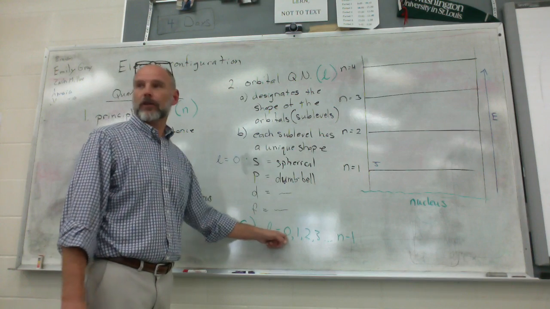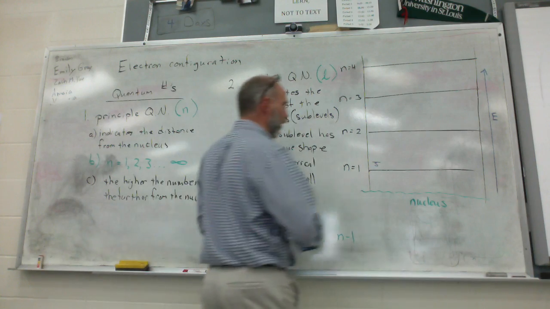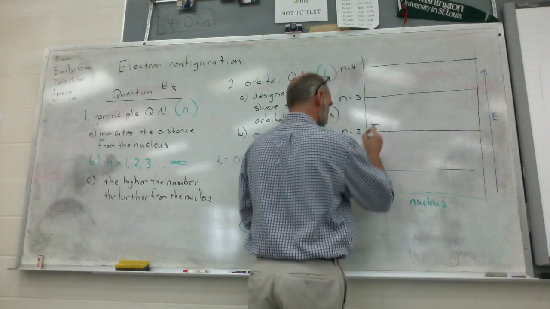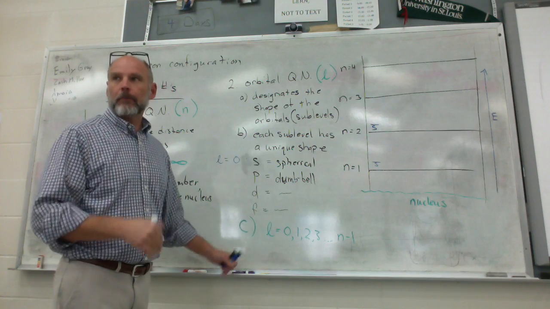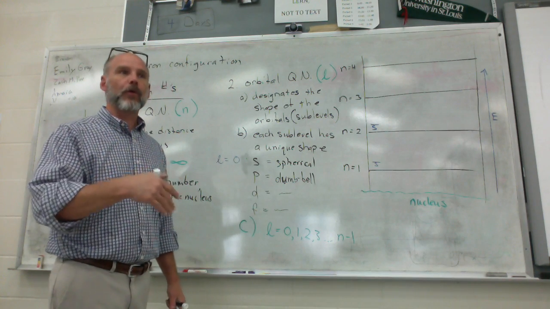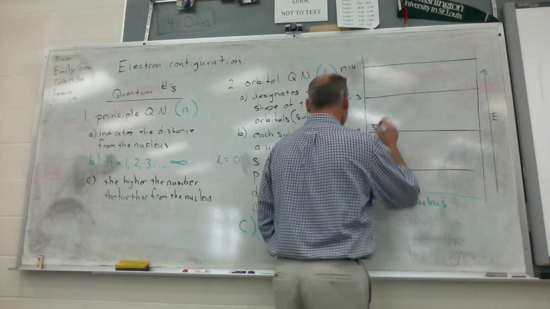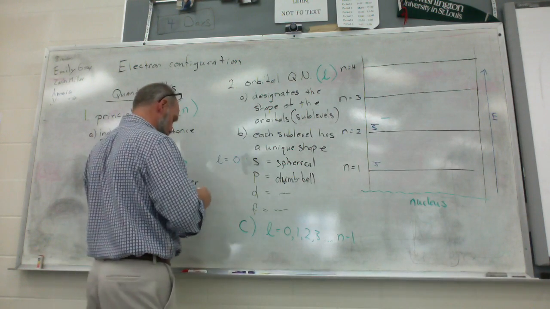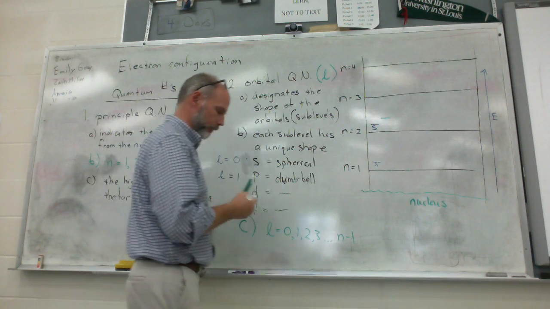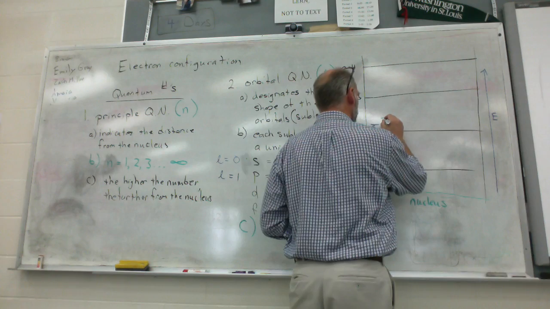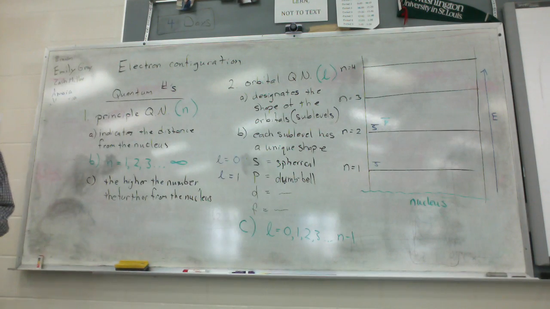But at the second energy level, you're going to have a 0 and a 1. Now, I haven't told you this yet, but the sublevels themselves are arranged according to energy. So the next orbital, which by the way is a p orbital, is slightly higher in energy than the s orbital.